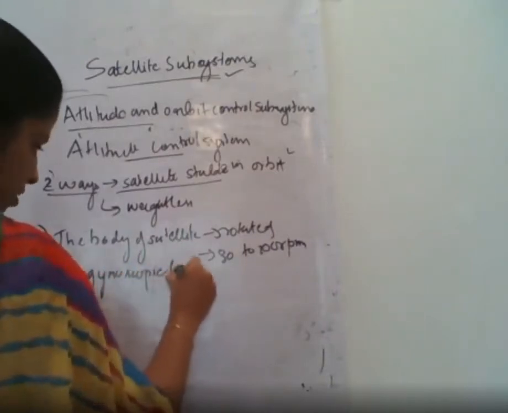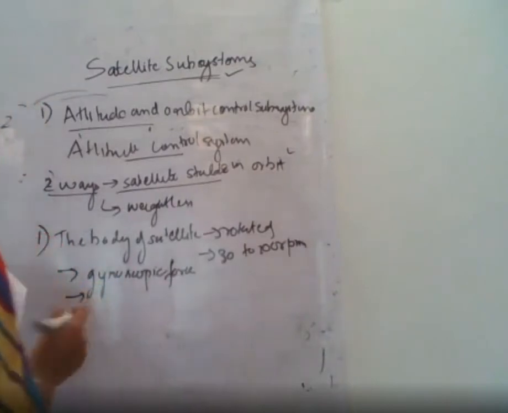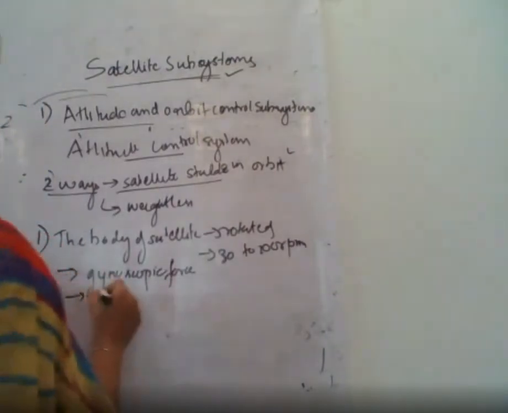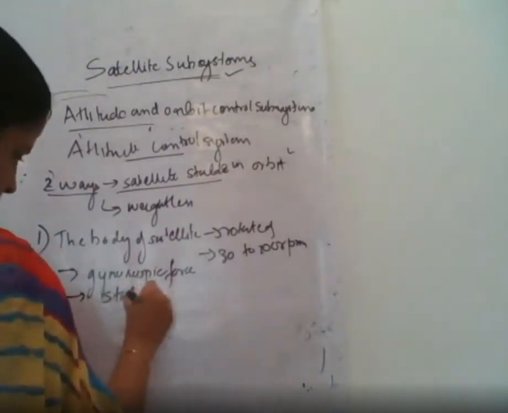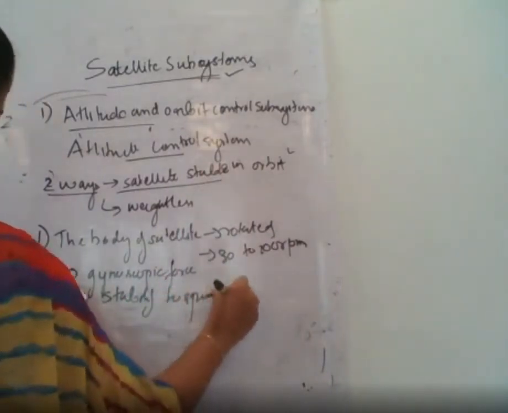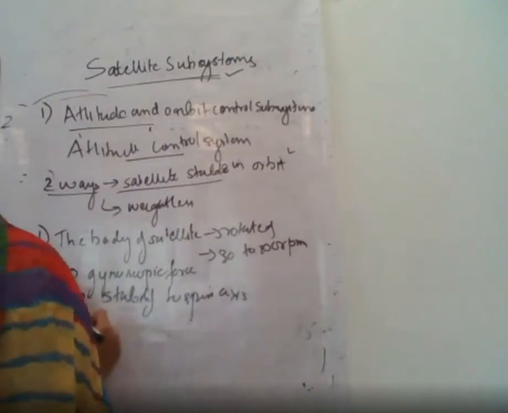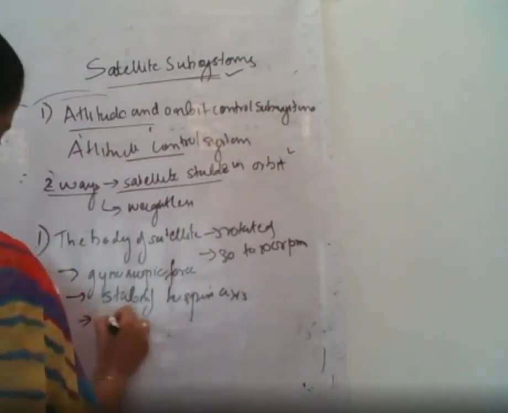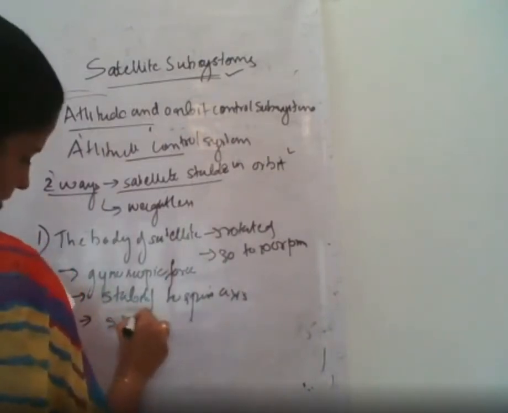And this gyroscopic force provides stability to the spin axis. And such satellites are known as spinners.